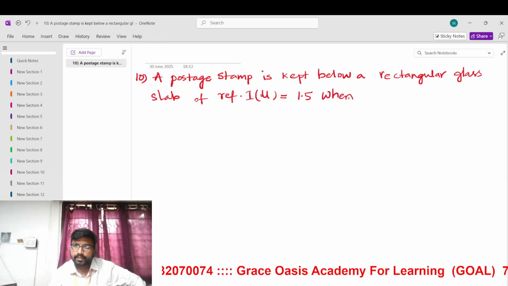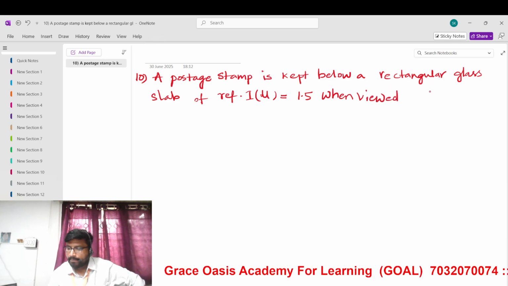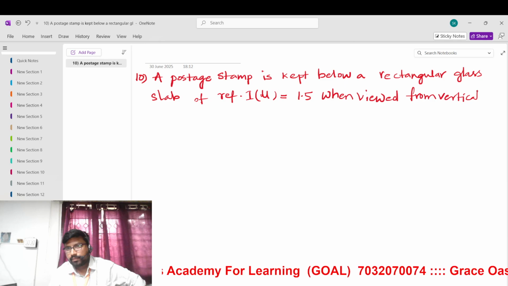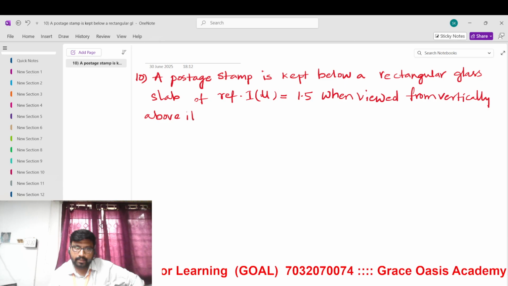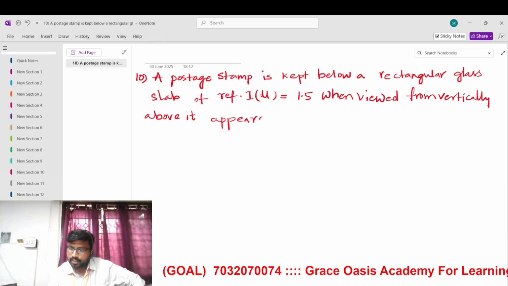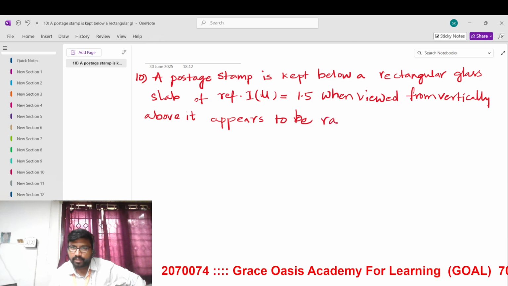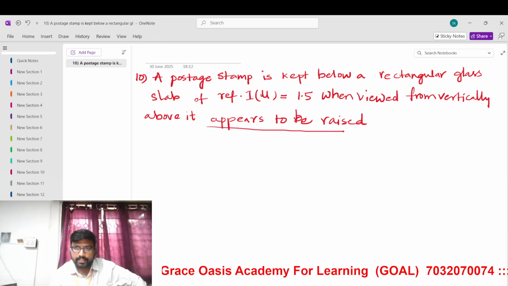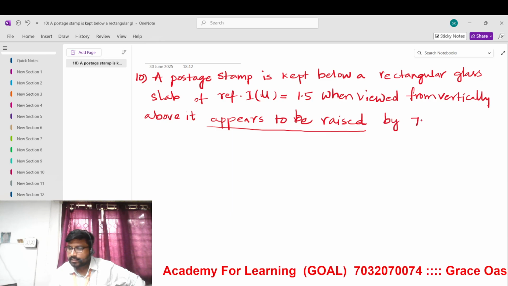When viewed vertically from above, it appears to be raised. What does that mean? Appears to be raised means we need to find the shift, by 7 mm.